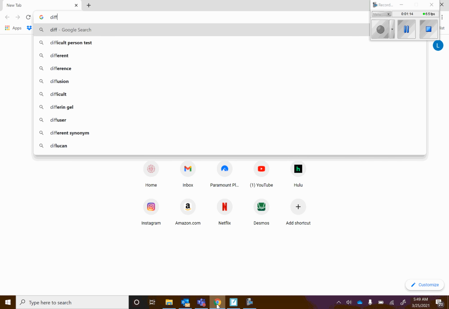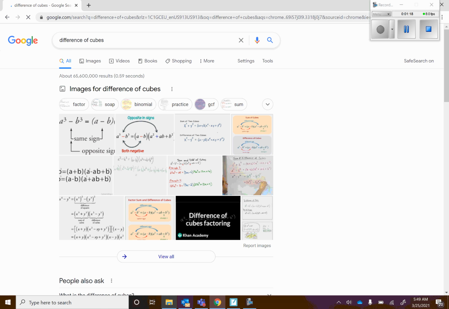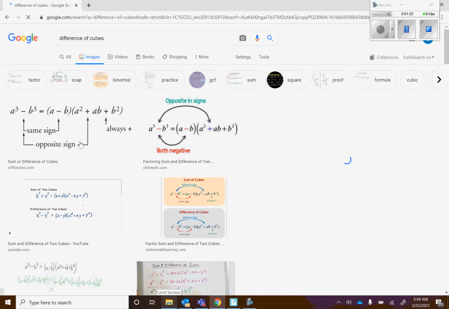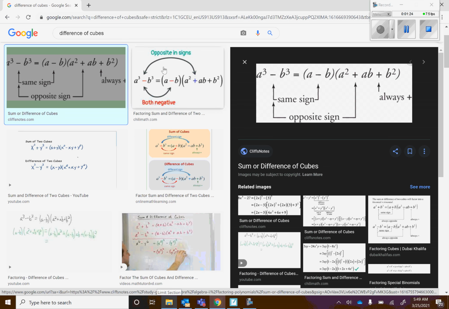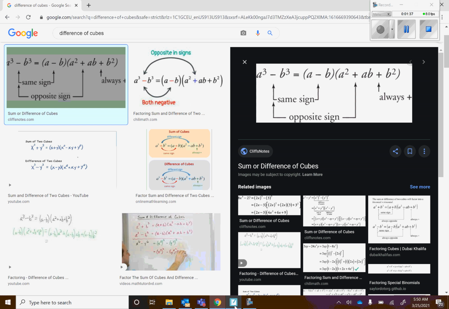Now, I wouldn't expect you to know this right offhand, so we're going to look it up because that's okay. We have difference of cubes. So we have a cubed minus b cubed is equal to a minus b times the quantity a squared plus ab plus b squared.